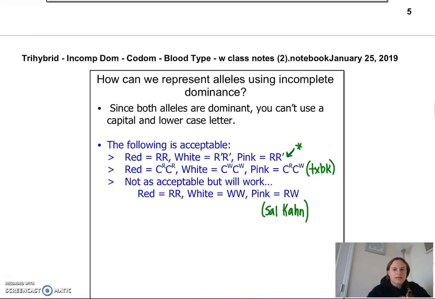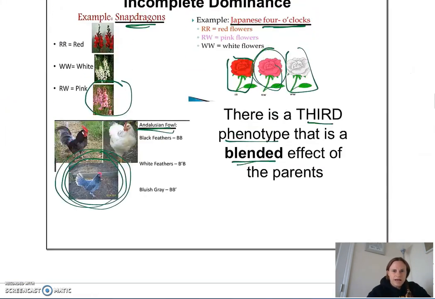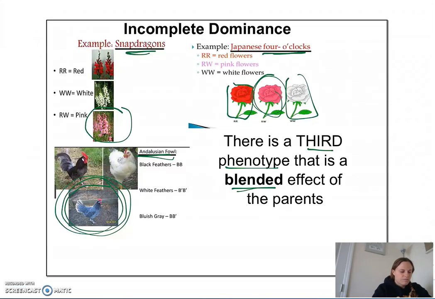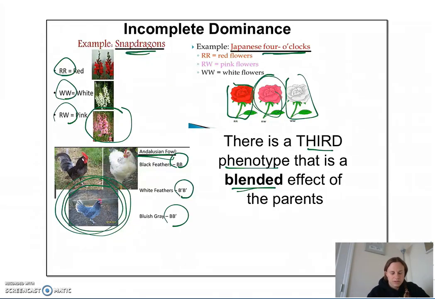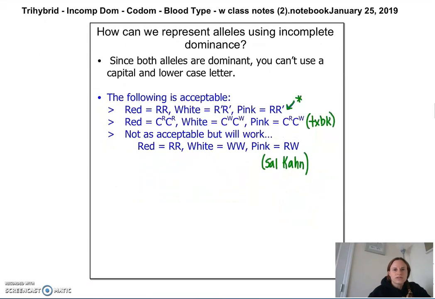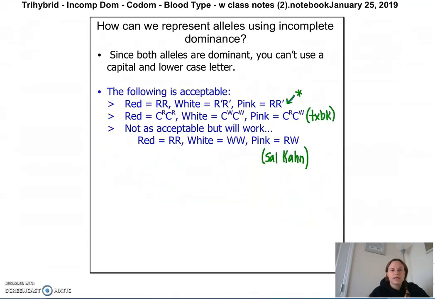How do you represent this? Do you see how there is different nomenclature to represent these alleles? Let me show you the three different types of nomenclature that can be used to represent these alleles. Because both of them are dominant, you can't use a capital and a lowercase letter.